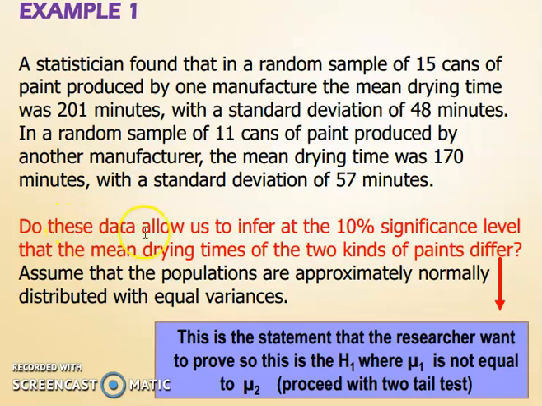So does this data allow us to infer at 10% significance level, so this is the alpha, that the mean drying times of the two kinds of paints differ? From this word differ, we want to know whether mu1 equals mu2 or mu1 not equals to mu2. So it is an indication of a two-tailed test.